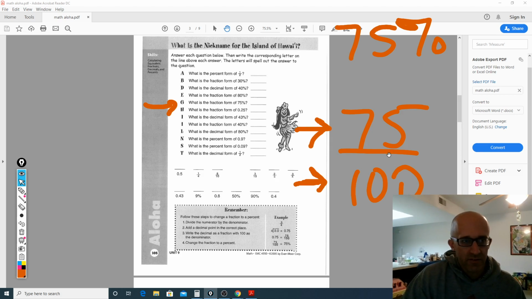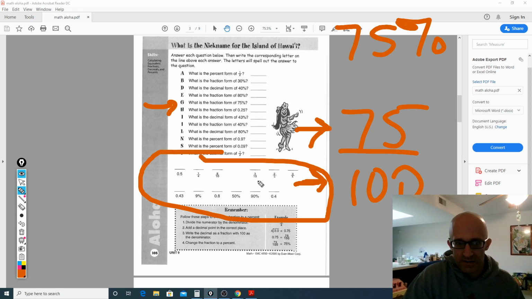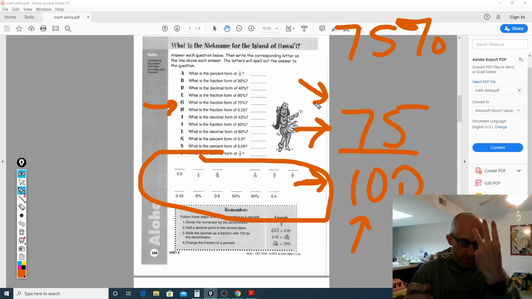So let's reduce 75 over 100 to its simplest form, because down here everything is reduced. It's a reduced fraction. You don't see 75 over 100 down here. You have to reduce the fraction. So the question becomes, what goes into 75 and 100? I would hope for all of you who are dealing with money of any sort, think of 100 as a dollar, and what makes up 75 cents? 75 cents is made up of 3 quarters.